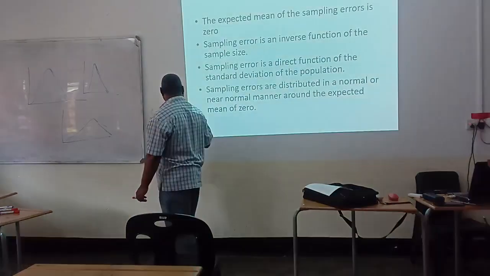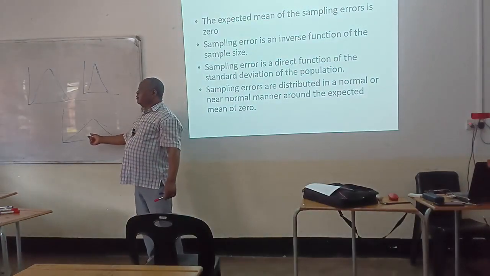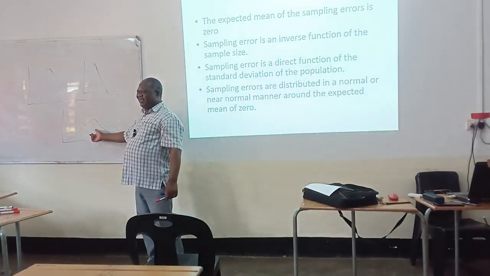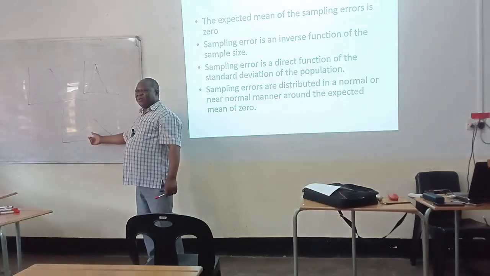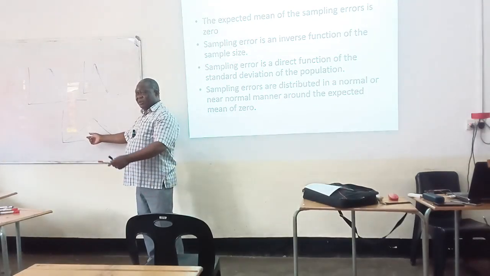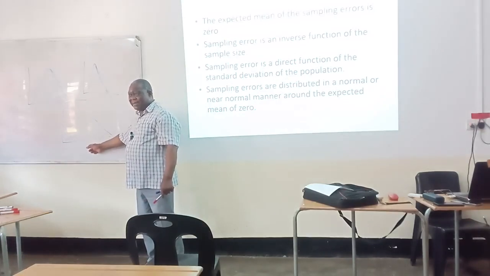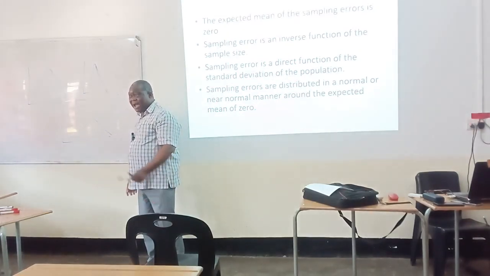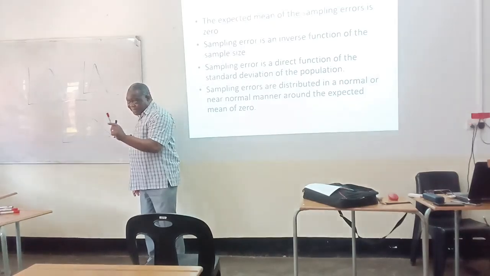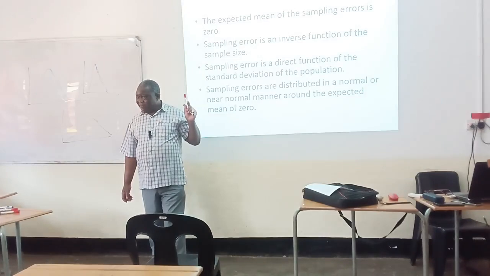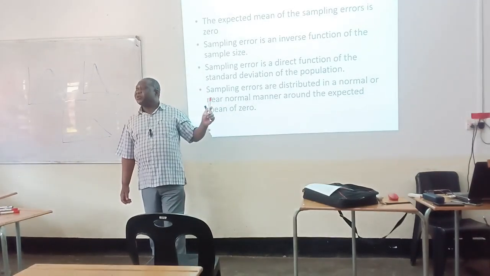Because now you're inferring. When you come up with the sample mean, since we know those sampling errors are distributed normally, then you can use the principle of standard scores to estimate how far away the sampling error is falling from the mean of the population.